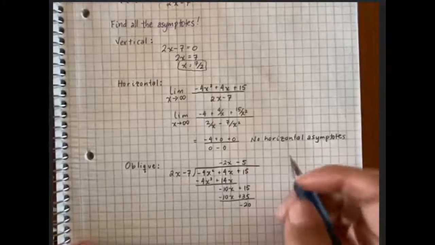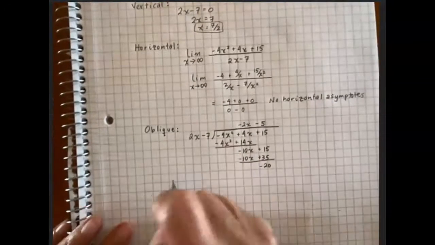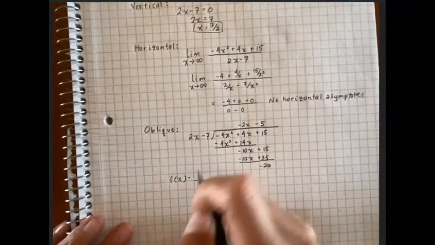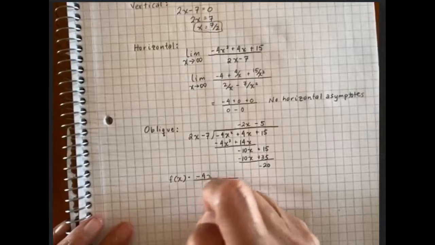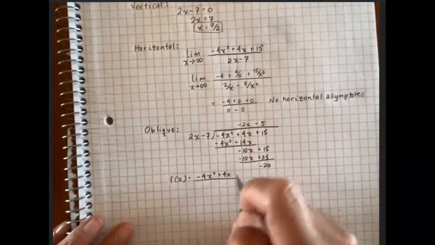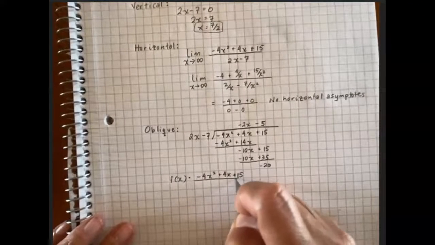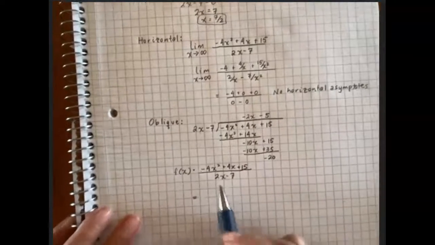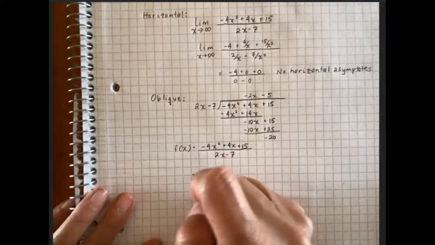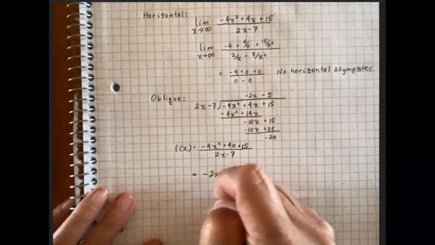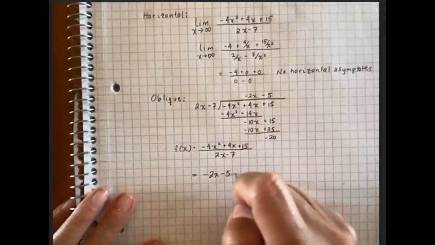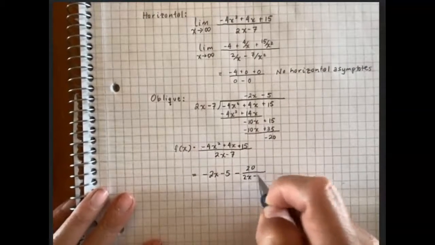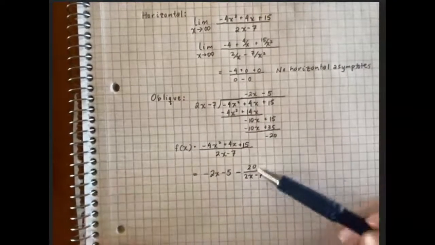So our function, this big old rational function, negative 4x squared plus 4x plus 15 all over 2x minus 7, can also be written, if we do that division, as negative 2x minus 5 minus 20 over 2x minus 7. It's just an equivalent way of writing this guy.